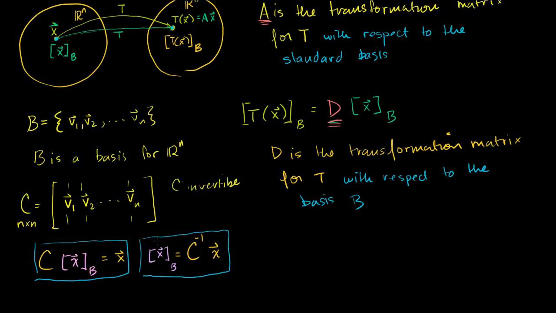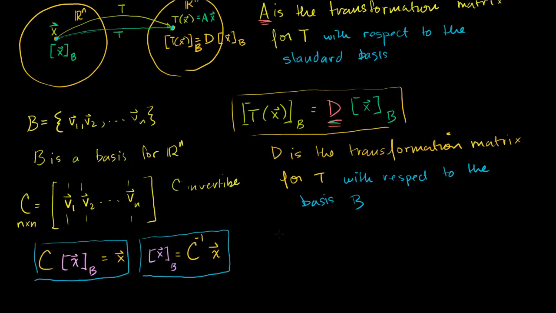Now, given that, let's see if we can find some type of relation. Let's see what D times xB is equal to. This thing right here is D times the coordinates of x with respect to the basis B. That's what we're claiming. Let me write all of this down.